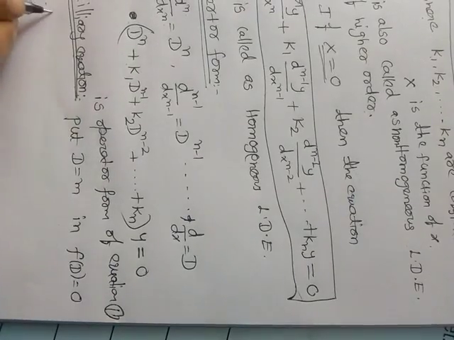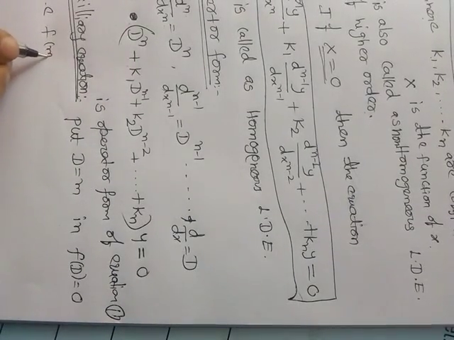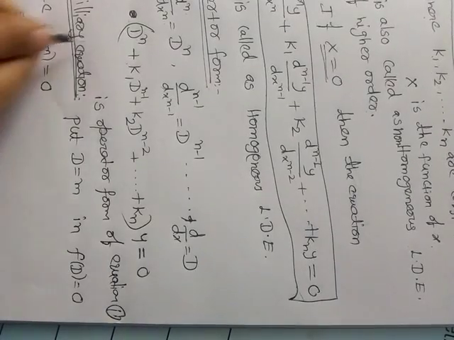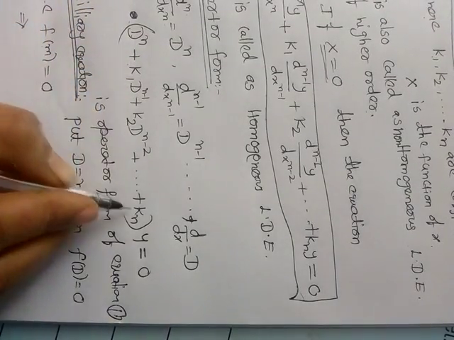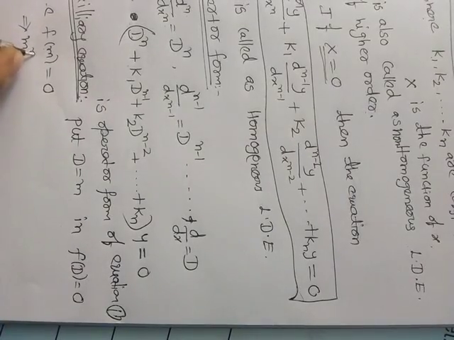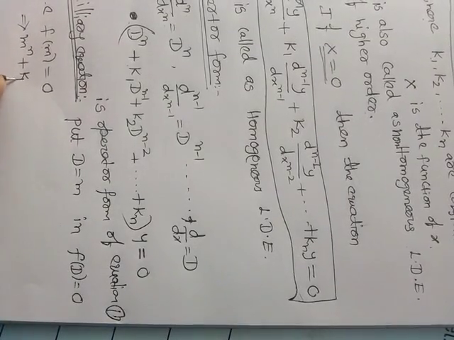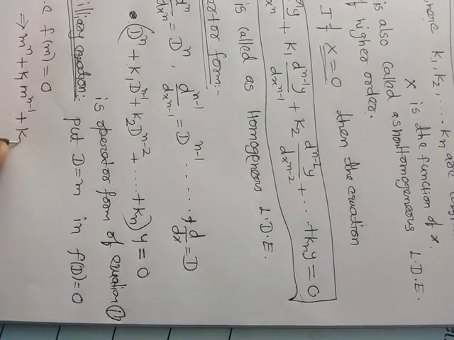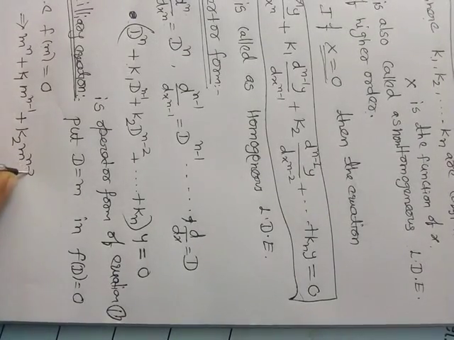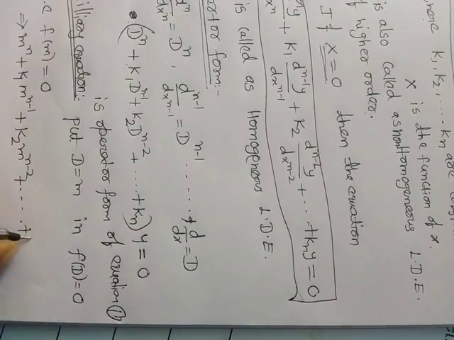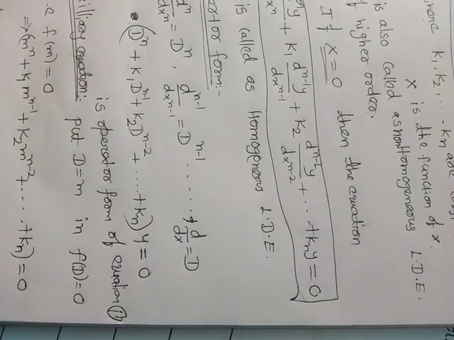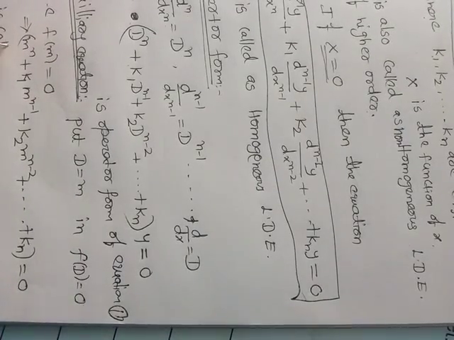That gives f(m) = 0. F of m means in the place of D we take m: m^n + k1 m^(n-1) + k2 m^(n-2) + ... + kn = 0, which is called the auxiliary equation.